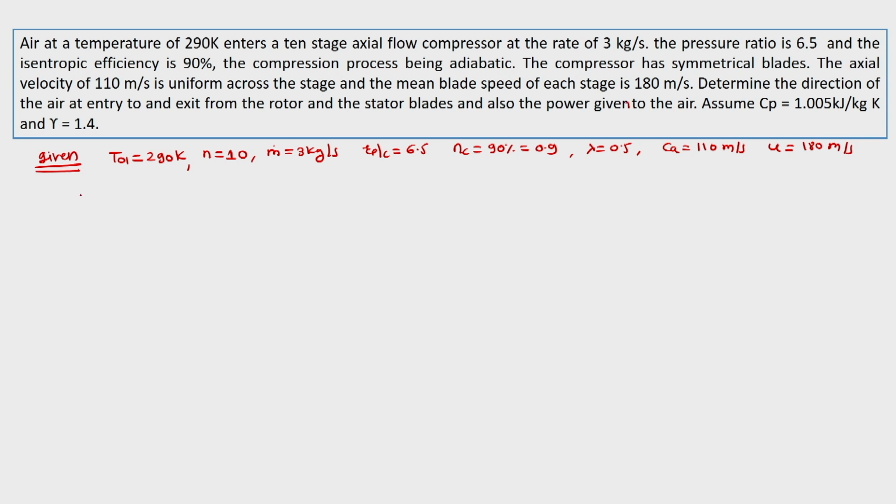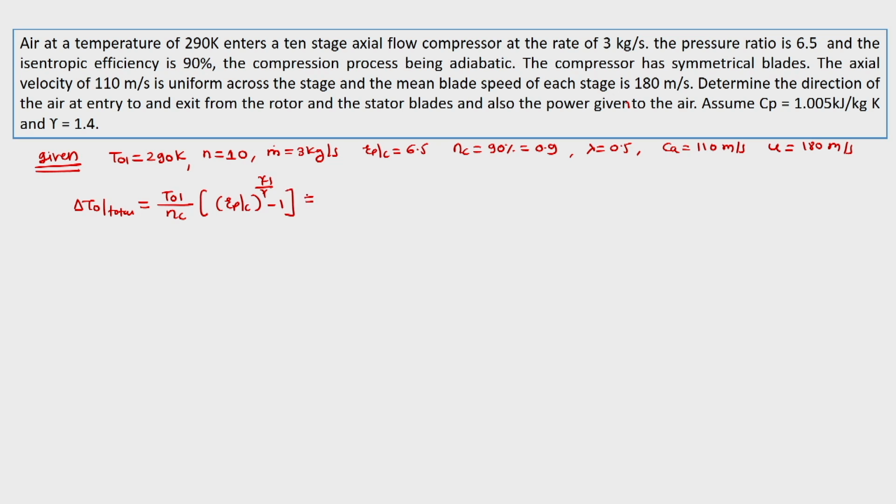So we can find out first the total temperature rise, which is equal to T01 upon compressor efficiency into pressure ratio of compressor bracket raised to gamma minus 1 upon gamma, minus 1.